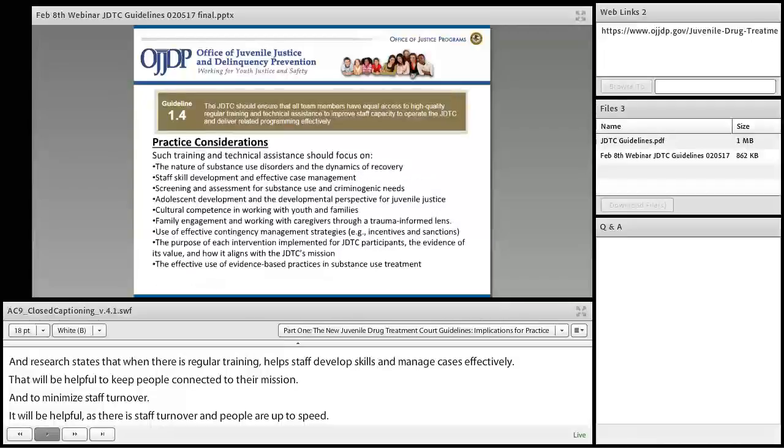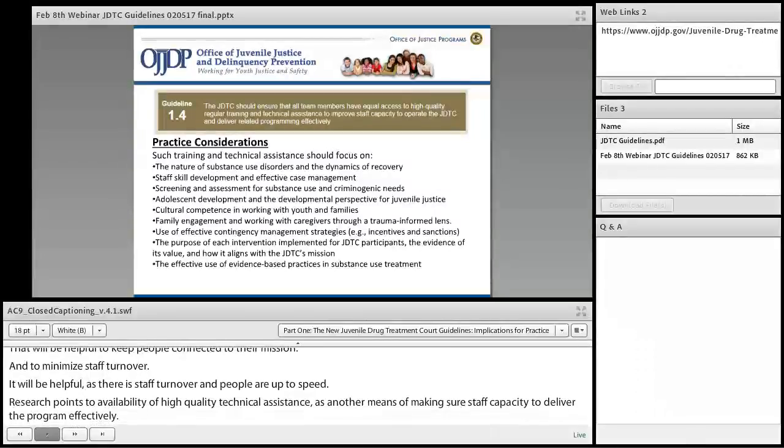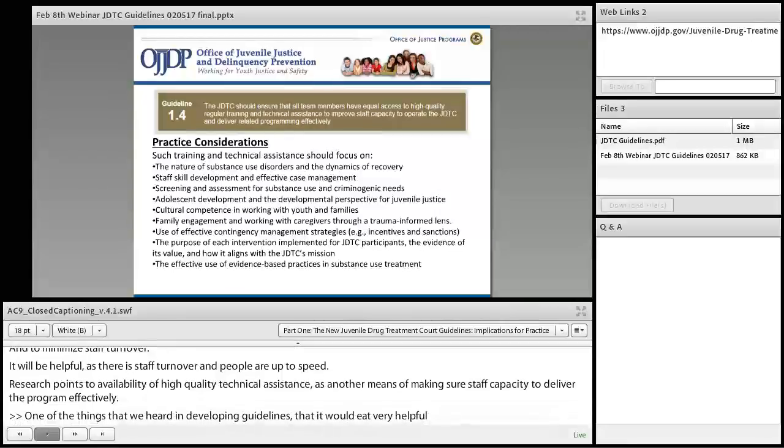One of the things we heard in developing the guidelines is that it would be really helpful to have a list of training topics that can be used just as a baseline. So I promise I won't read all the slides to you, but I think this one is important.